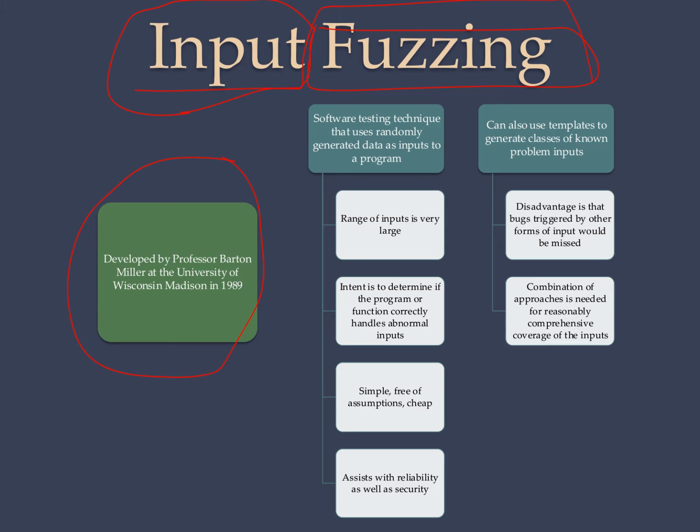Software fuzzing tries to explore the input space, which is infinite, feeding these inputs to programs and trying to crash your program. If your program crashes after fuzzing, it means you have a memory overflow or memory corruption problem.